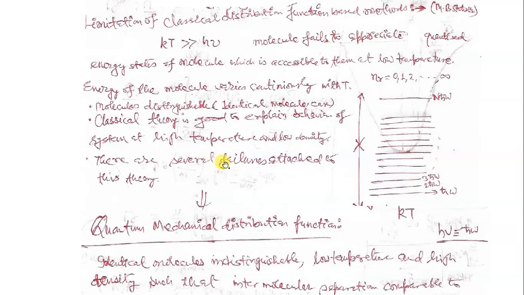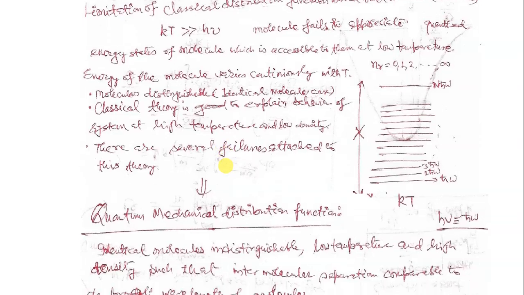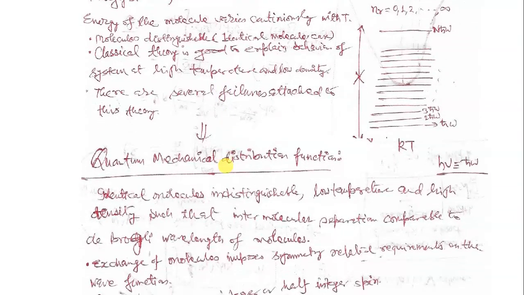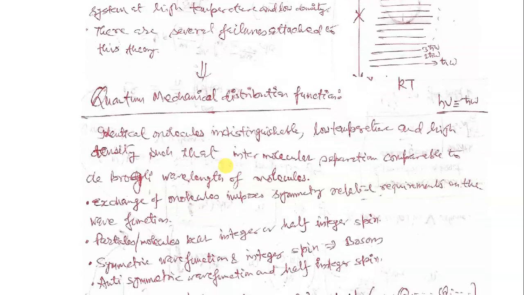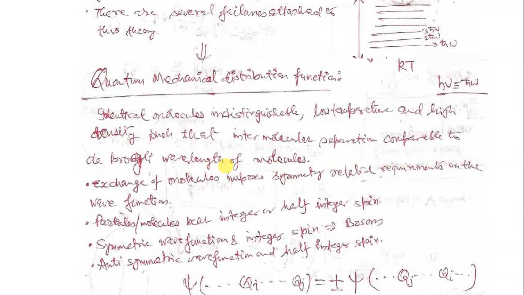So to rectify the trouble of Maxwell-Boltzmann statistics, we move to another statistics, that is quantum mechanical statistics. So here we have a distribution function that is also known as the quantum mechanical distribution function. In this case molecules which are identical are indistinguishable. So if identical molecules exchange their positions, it will not lead to any new state.